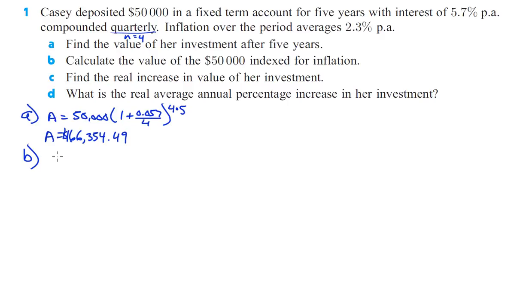So we want A equals 50,000 times 1 plus the inflation rate, which is 0.023, because that's annual, so over 1, and then that's for 5 years.